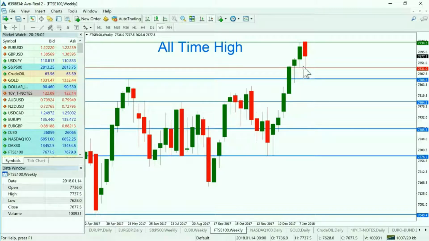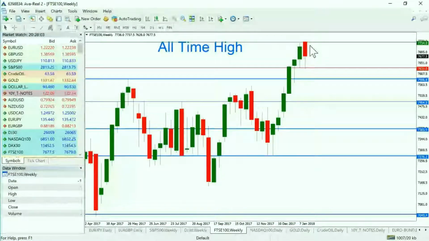Just at the moment, that doesn't make an awful lot of sense. Our directional bias without a doubt is to the upside, so a short-term sell might just give us an opportunity to buy this market at a much lower price. So we're looking at the highs of 77.34 in the FTSE.